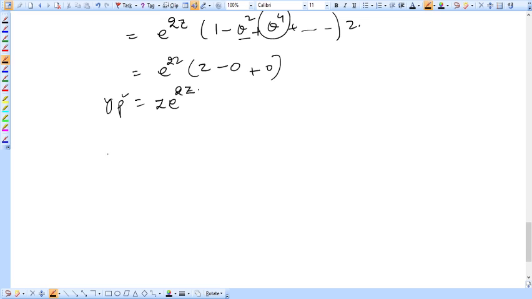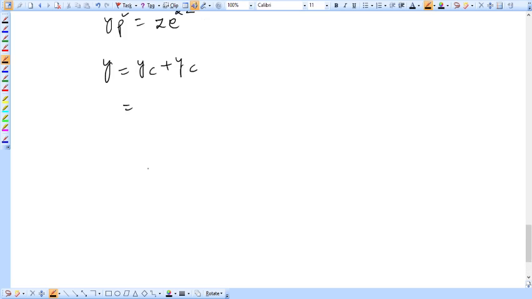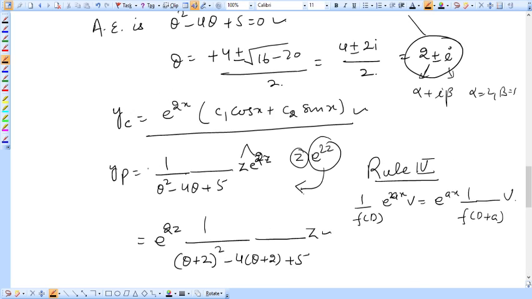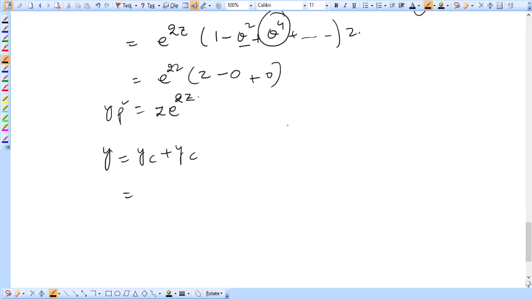So in this way the complete solution is yc plus yp, and we know yc is equal to, what is your yc? Oh, I'm sorry, we wrote e raised to power 2x here, right? It must be e raised to power 2z, e to the 2z, cos z, sin z, right?